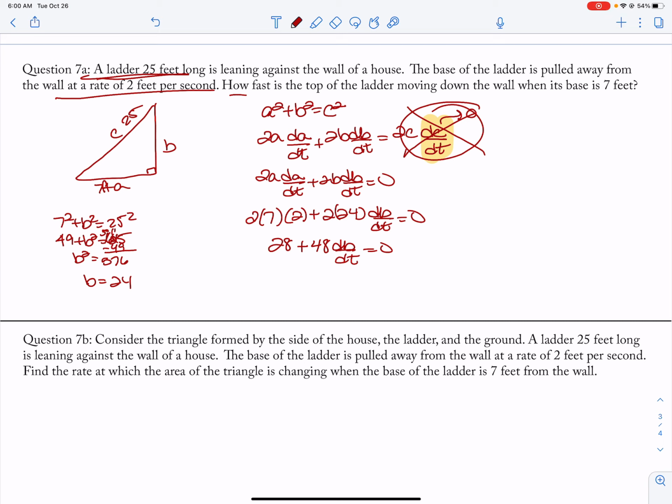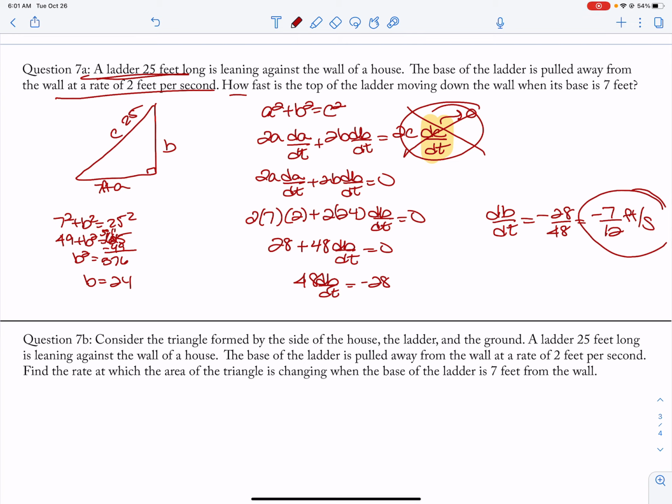Okay, so 48 dB dt is equal to negative 28. Divide both sides by 48, and you get dB dt is equal to negative 28 over 48, which is negative 7 over 12. And this is in feet per second.